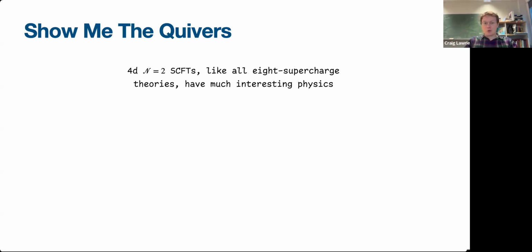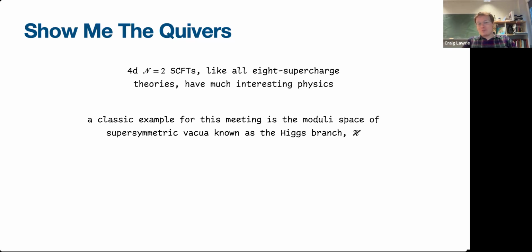So this talk will be about 4D N=2 SCFTs. And as we know, such theories with sufficiently large supersymmetry have lots of interesting physics. So in this meeting, a topic that has come up many times is the moduli space of supersymmetric vacua, which is known as the Higgs branch.